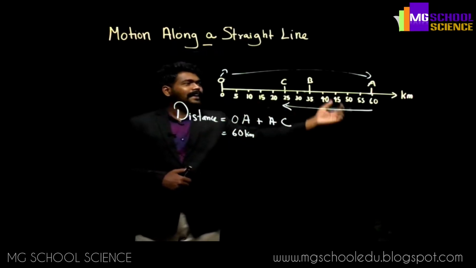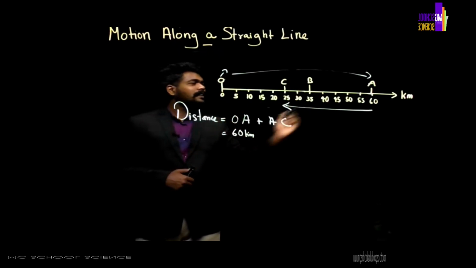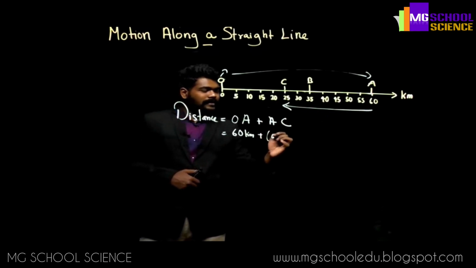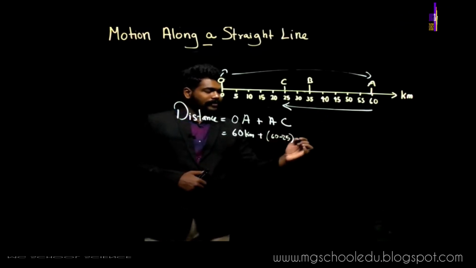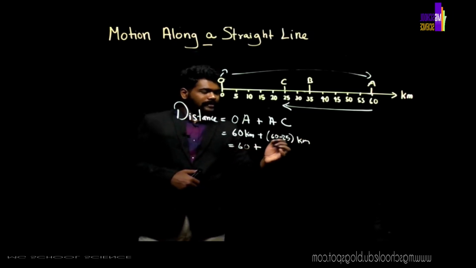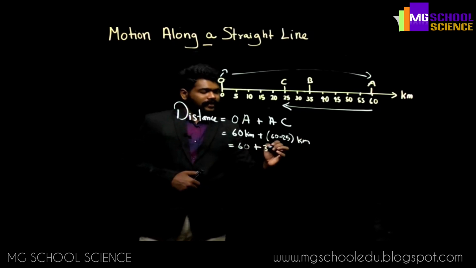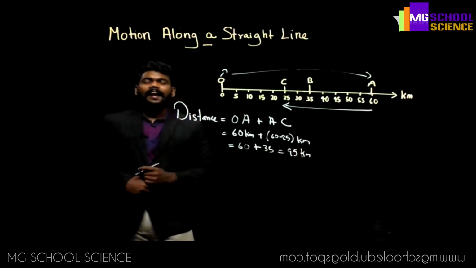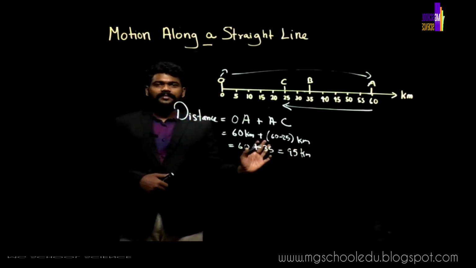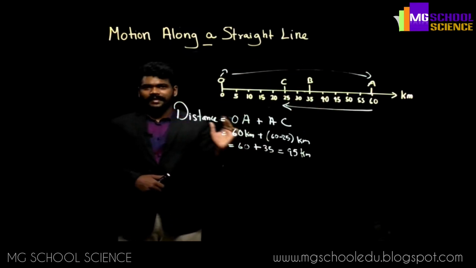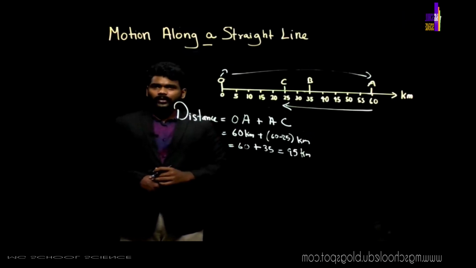Now, from A back to C, it is 60 to 25. Therefore, it is 60 minus 25, which is 35, right? So, it is together 95 kilometers, right? Therefore, the total distance traveled by this object from O to A and back to C is 95 kilometers.